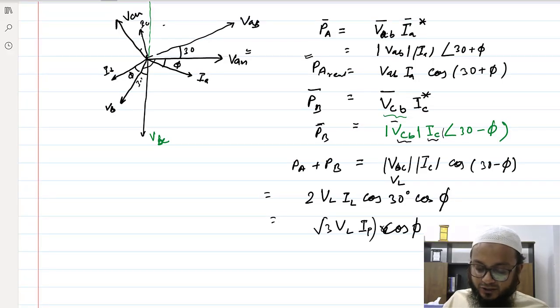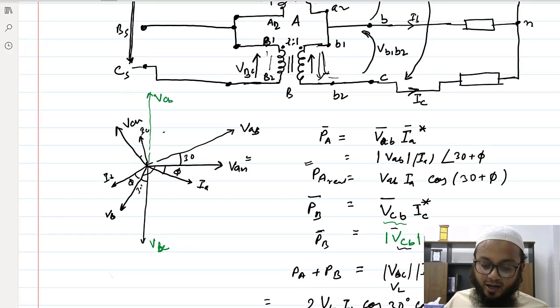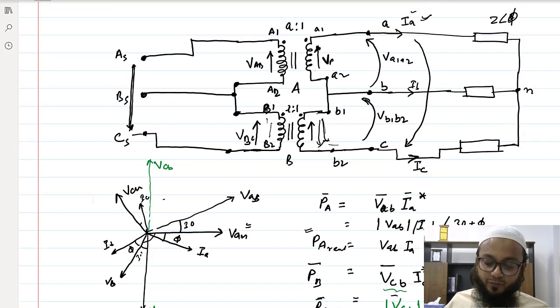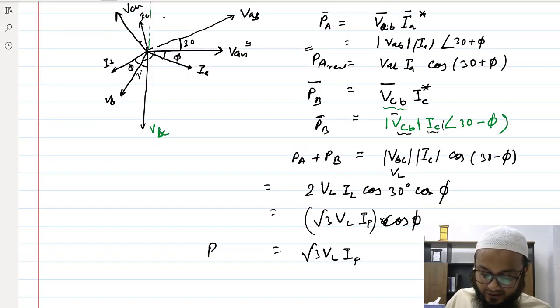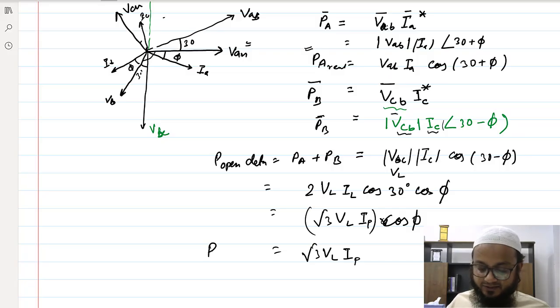So if I just focus on the apparent power, that is root 3 VL and IP, the phase current or the line current. But think, what would it be if I had used 3 individual transformers? This was the power P for open delta, right? PA plus PB.